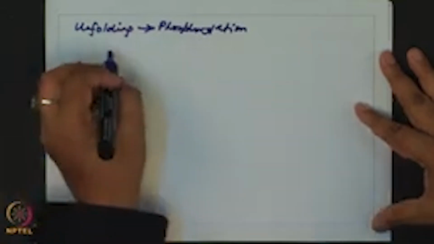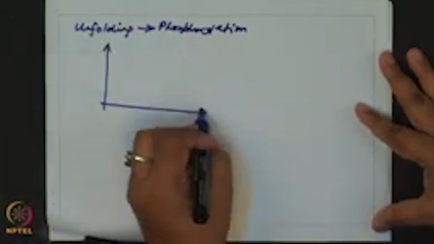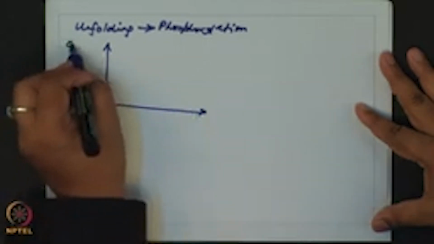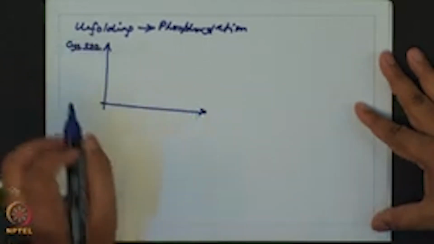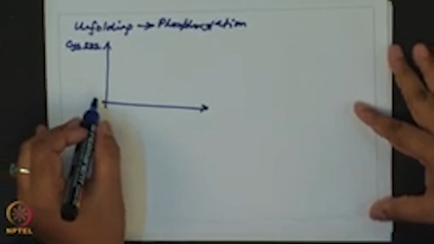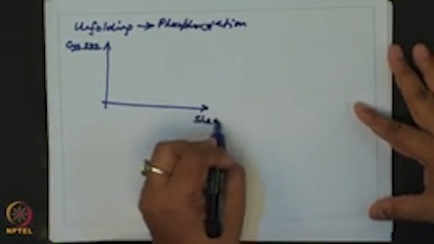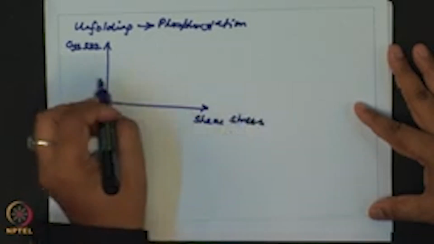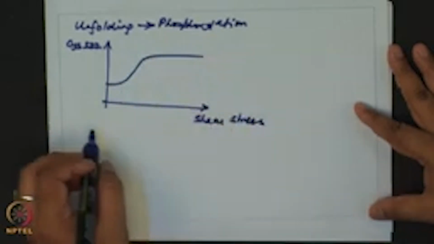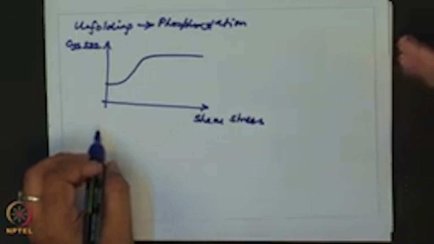If you track the amount of labeling of cysteine 522 as a function of shear stress, you would see an increase in labeling, suggesting that as you apply forces onto the cell, these get transmitted to the nucleus, and as a consequence there is unfolding of the Lamin network, associated with increased labeling of the cysteine reactive probe.